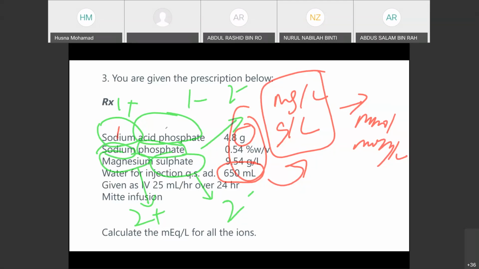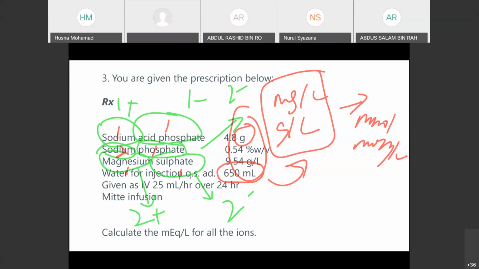Sodium phosphate, how many mole of sodium? 2. Phosphate? 1. Correct. So magnesium sulfate, magnesium? 1. Sulfate? 1. All right.